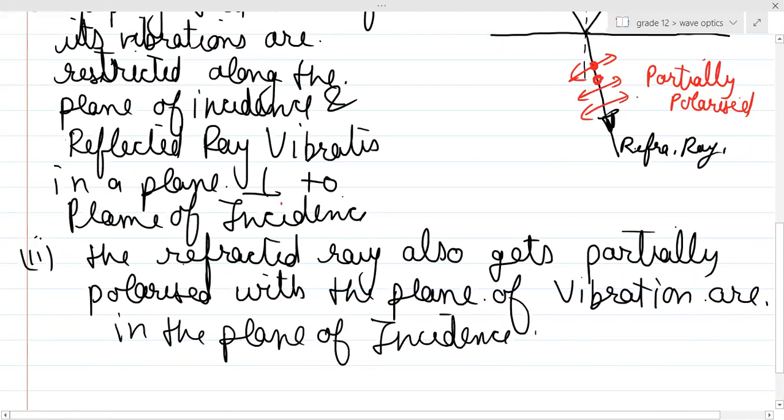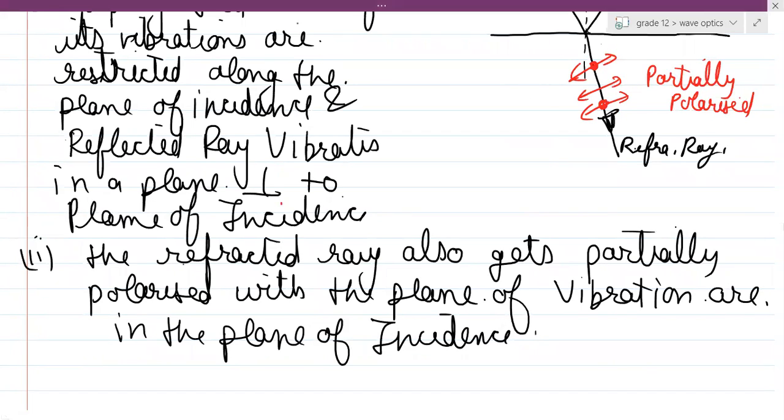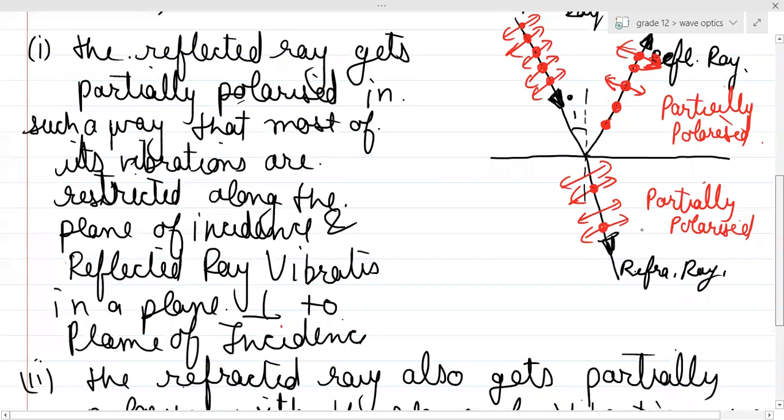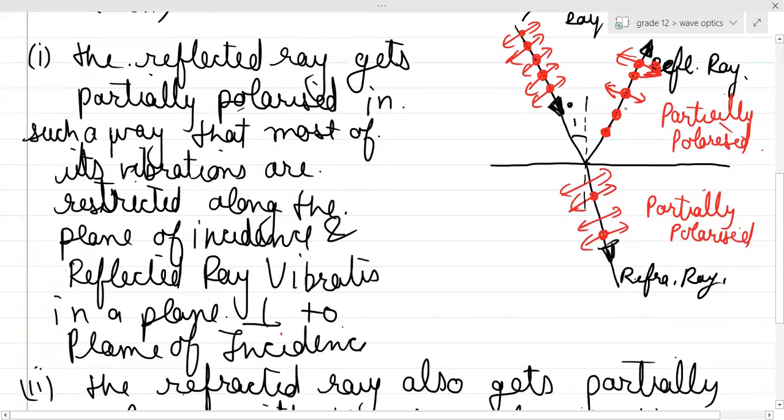Can you see here, the number of arrows are more and the number of dots are less? Here there won't be any dots. The refracted ray is getting partially polarized, but the number of arrows is more as compared to the number of dots. So what is the most prominent plane of vibration? It is along the plane of incidence. Here it is perpendicular to the plane of incidence. Is this clear?